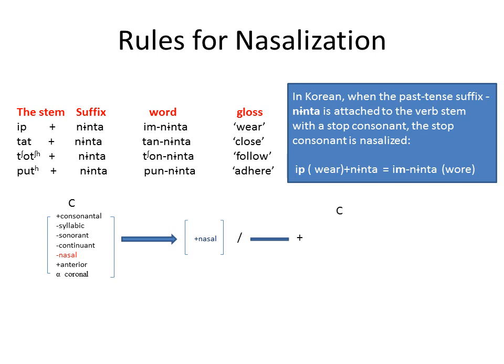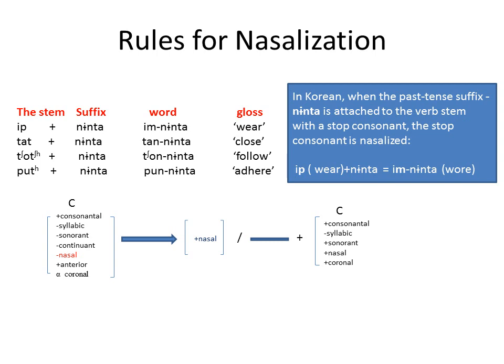It is the first consonant of the suffix. Which consonant are we talking about? It is the nasal consonant. Therefore, we write plus consonantal, minus syllabic, plus sonorant, it is a sonorant sound, plus nasal, plus coronal because it is alveolar.